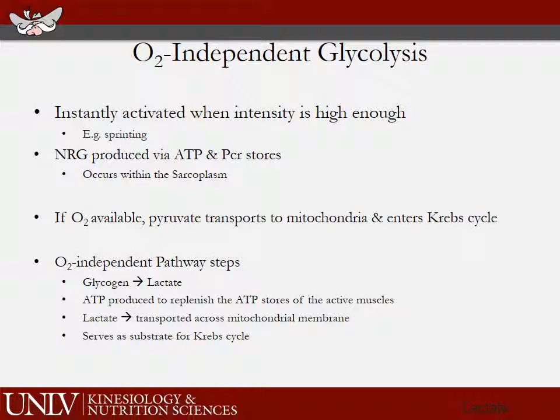Here, then, the production of ATP continues to replenish itself in the active muscle. Lactate is transported across the mitochondrial membrane, where it is converted to acetyl coenzyme A, and then it enters the Krebs cycle to continue to produce ATP. And again, this is a very rapidly acting process at high intensities.